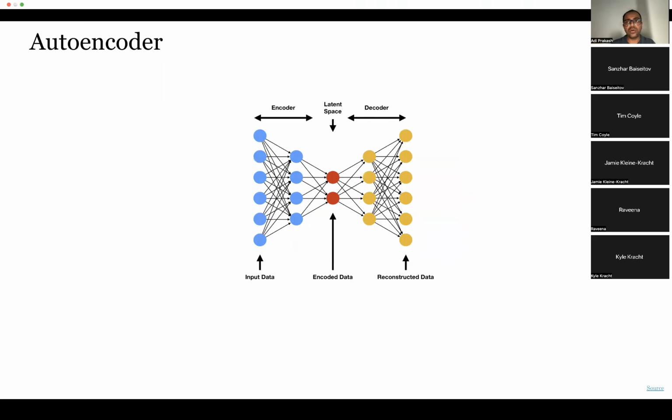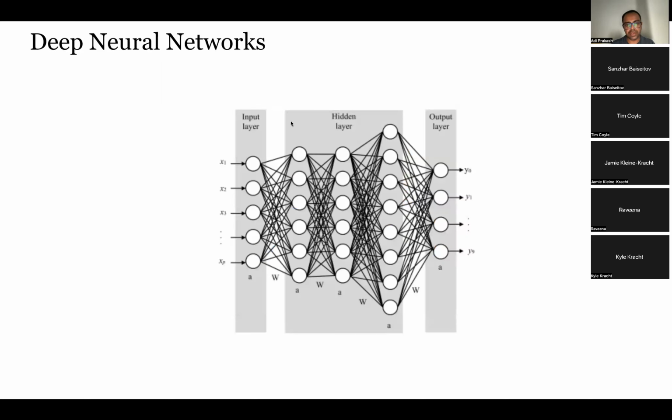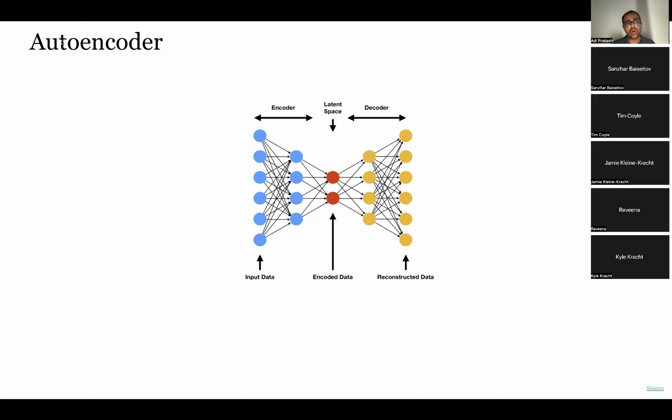Okay, now, here we saw input and output, and you can see the number of outputs looks similar to the number of inputs. So there's a special kind of neural network called an autoencoder. Here the idea is that the number of inputs is the same as the number of outputs, but in the middle, the number of neurons is a lot less than the number of inputs.